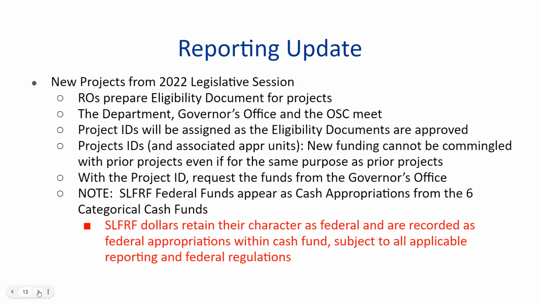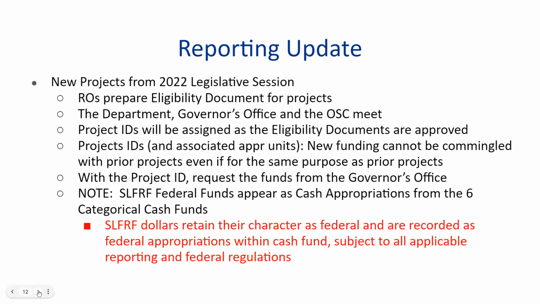One thing I did want to mention is that the project IDs, and that means the appropriation unit that goes with the project ID, have to be unique per legislative session. So if you had a bill last session that funded a program, and this year you got additional money in a different bill for the same program, we are setting those up as new project IDs and new appropriation units, calling them additional funding.